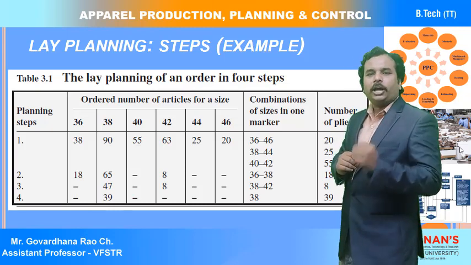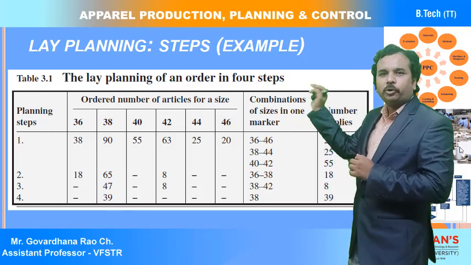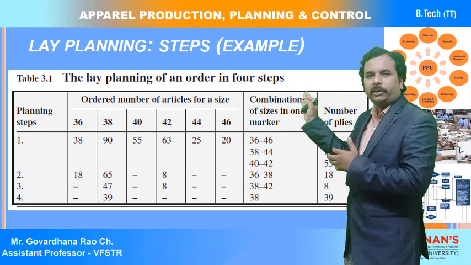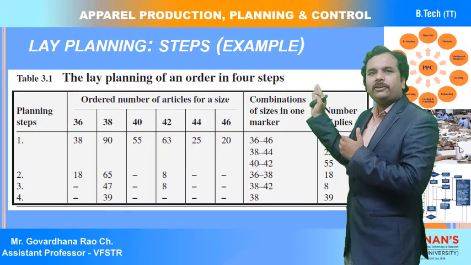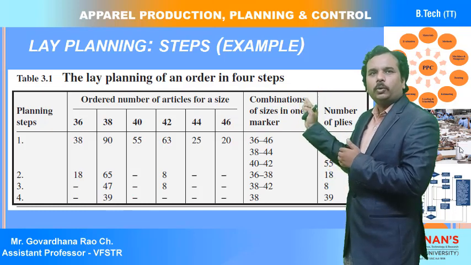We will see that. And the second marker we have prepared is 38 size and 44 size. So now 44 size ordered quantity is 25. So this 25 is going to be completed in the particular ordered quantity.